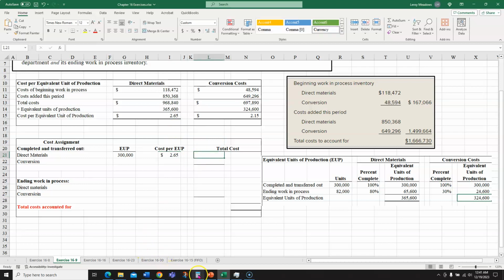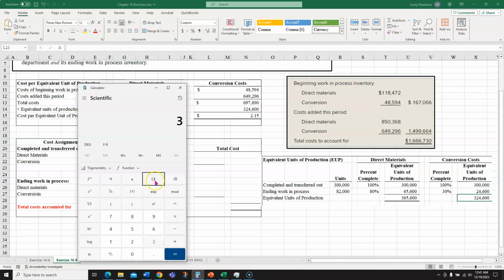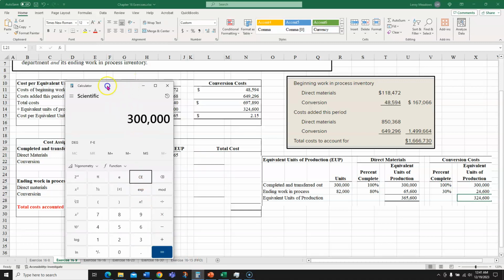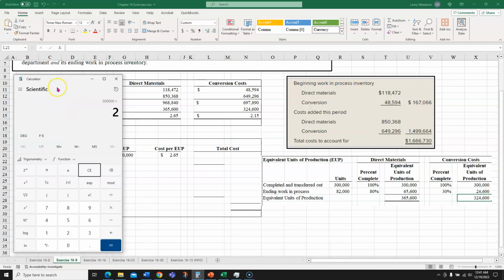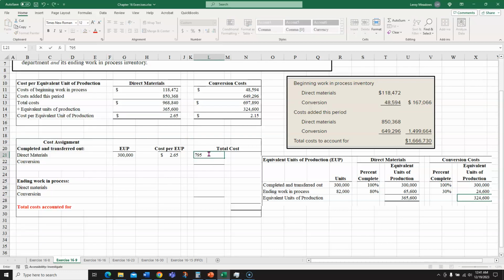So what are my total costs here? 300,000 times 2.65 equals $795,000 of materials that were in the units that we transferred out. Now what about conversion costs?